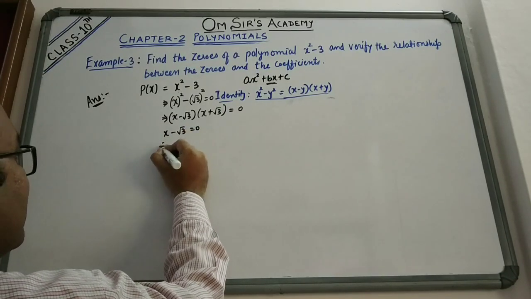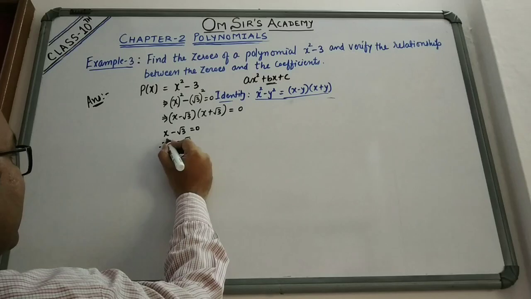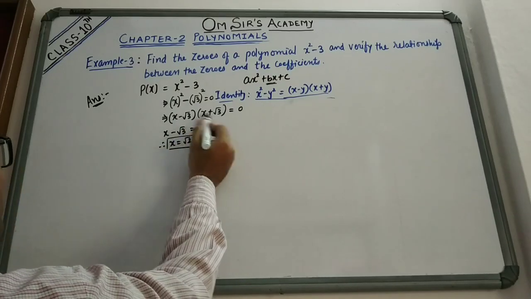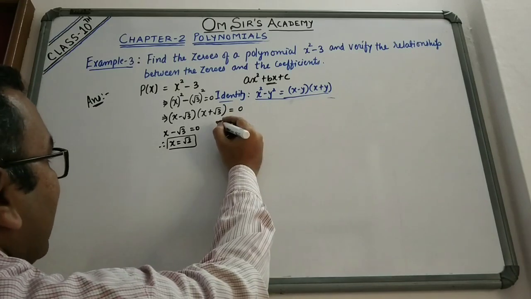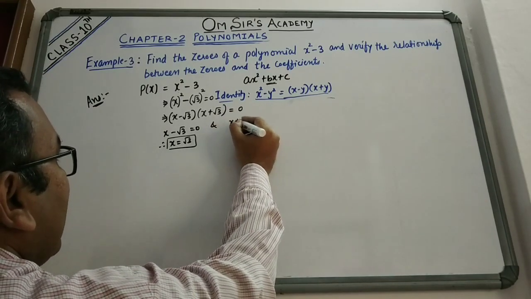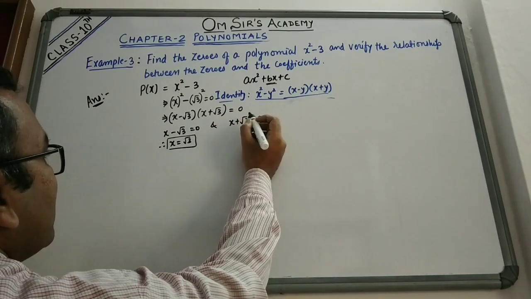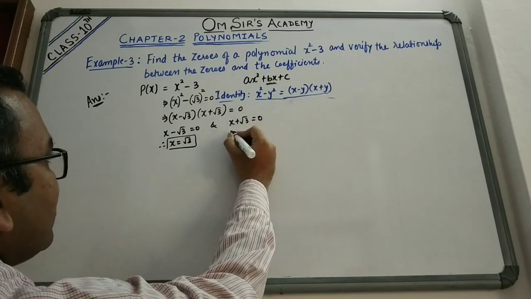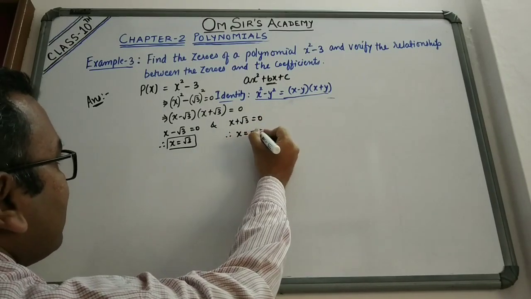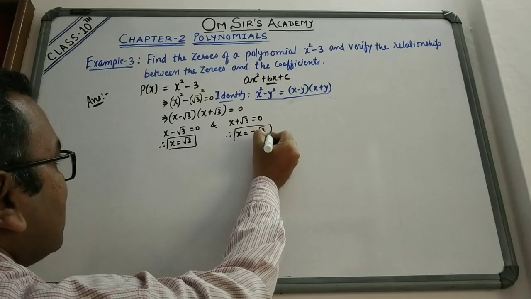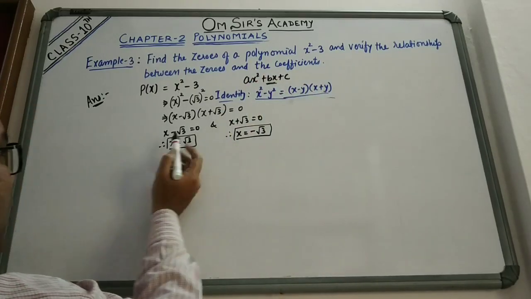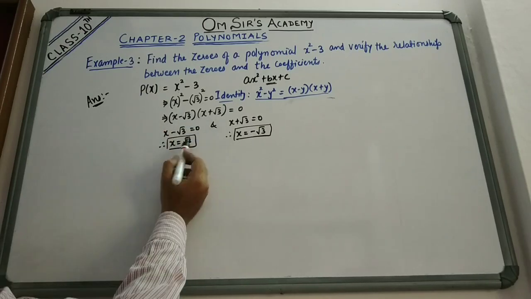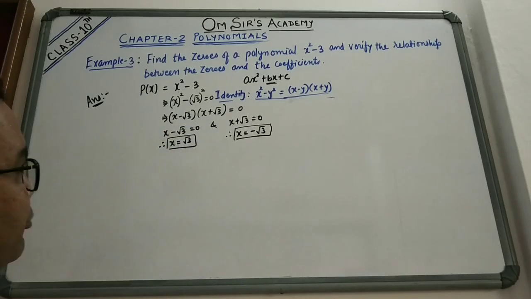If I equate this to 0, I'll get x minus √3 equal to 0. So x equals √3. This minus √3 will go to that side, then it will become plus √3. And another factor was what? X plus √3 equals 0. Then this plus √3 will go to that side, then x will be equal to minus √3.